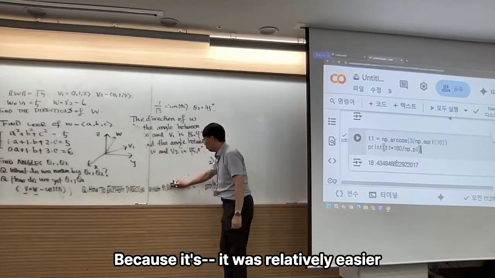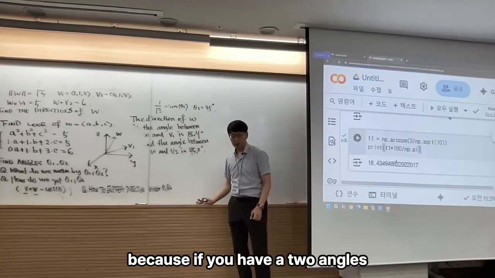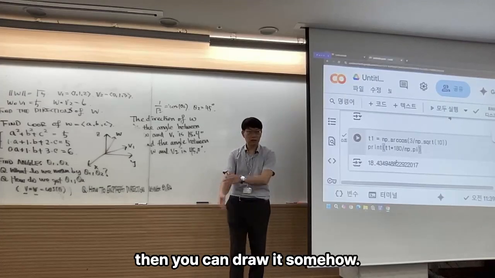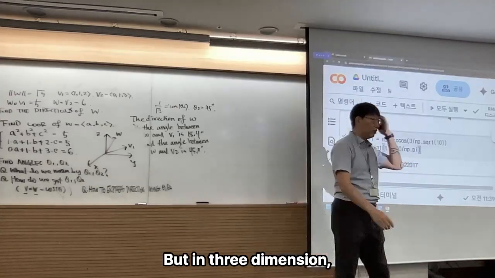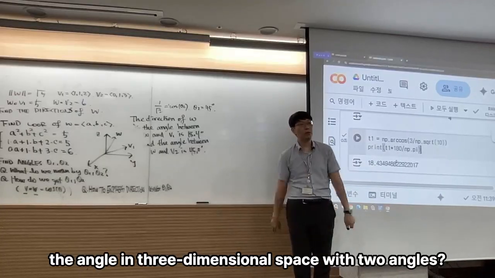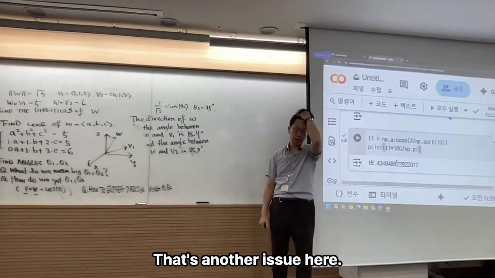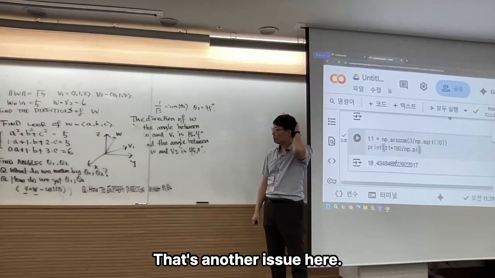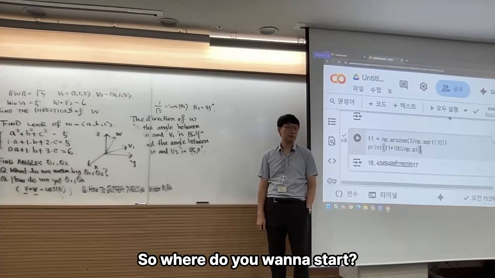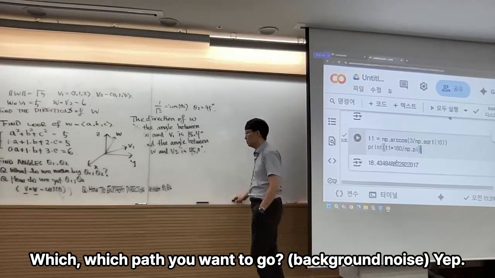It was relatively easier in the two-dimensional case, because if you have two angles on the plane, then you can draw it somehow. But in three dimensions, how do you explain the direction in three-dimensional space with two angles? That's another issue here. So where do you want to start? Which path do you want to go?